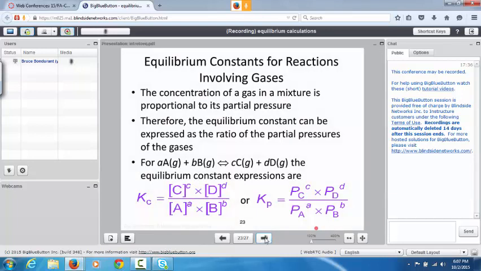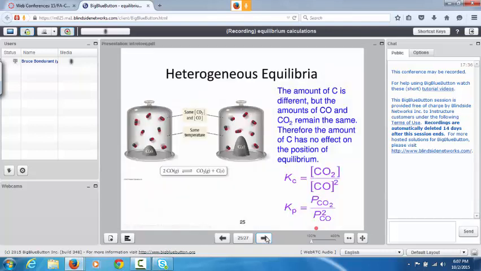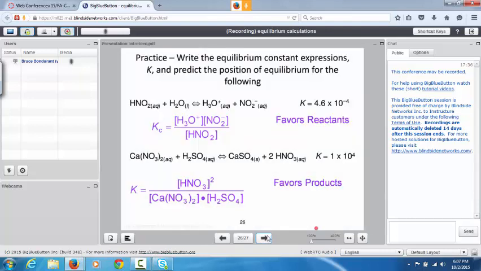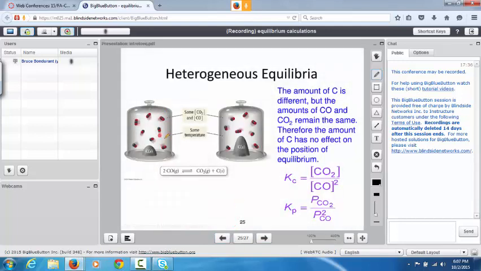I'm not going to go into the gas laws as such, but what I wanted to talk about was heterogeneous equilibrium. If you have a solid in equilibrium with something else, like gas, then the amount of solid really doesn't matter.